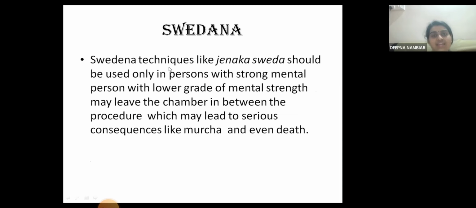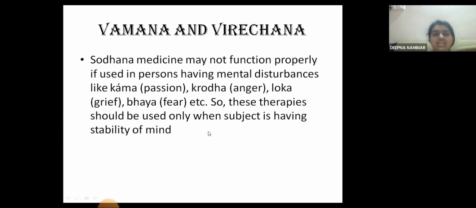So the selection of Sweda, like higher Tikshna Swedas, has to be considered for these patients. In Vamana and Virechana, if there is bhaya or shoka, the medicines will not digest, because all these have a role in the pravartana of doshas from the body. In Vamana, if the patient is not at all cooperating, we cannot give the medicine and let him vomit. And in Virechana, Paka should go on.